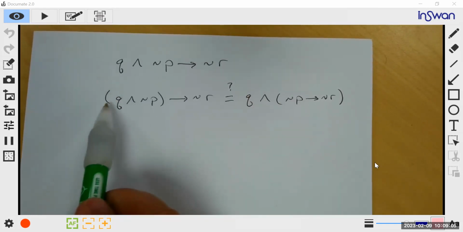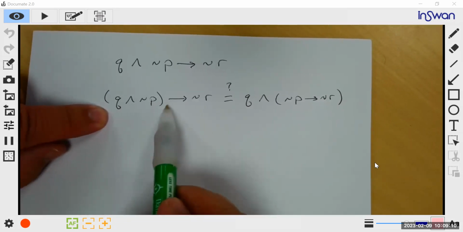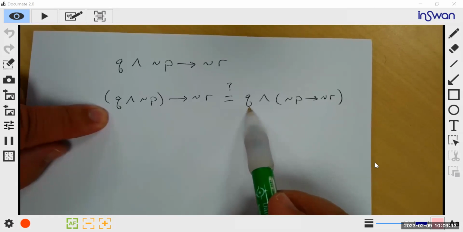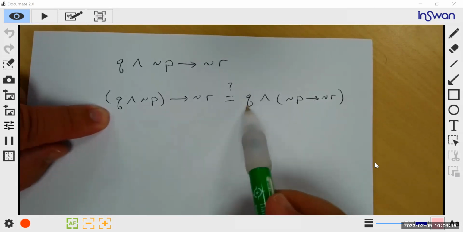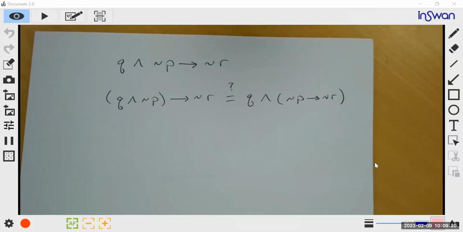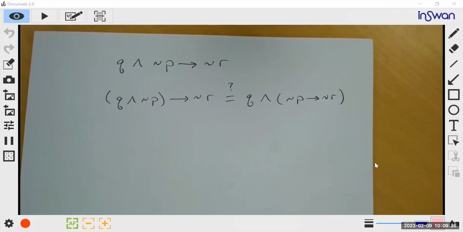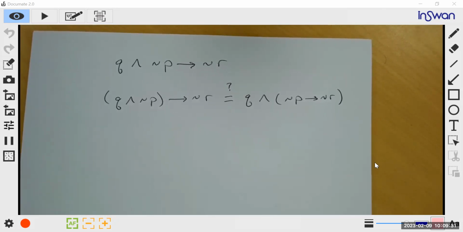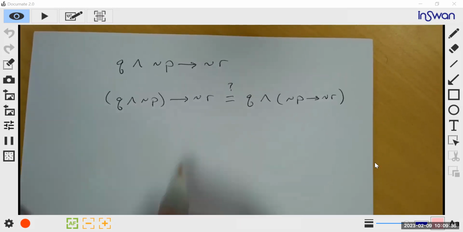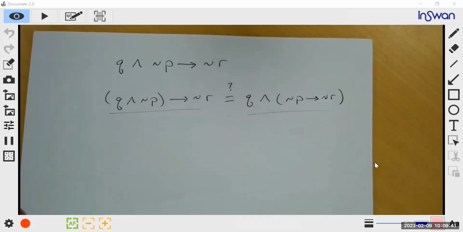This one, you have to say, if Q and not P, then not R. This one says Q and, if not P, then not R. But again, it's the parentheses. The only way you can prove if they're the same or not is by doing a truth table on them. You guys want to do some truth tables? Okay. Let's do two different sets. We'll do this one, and we'll compare their answers.